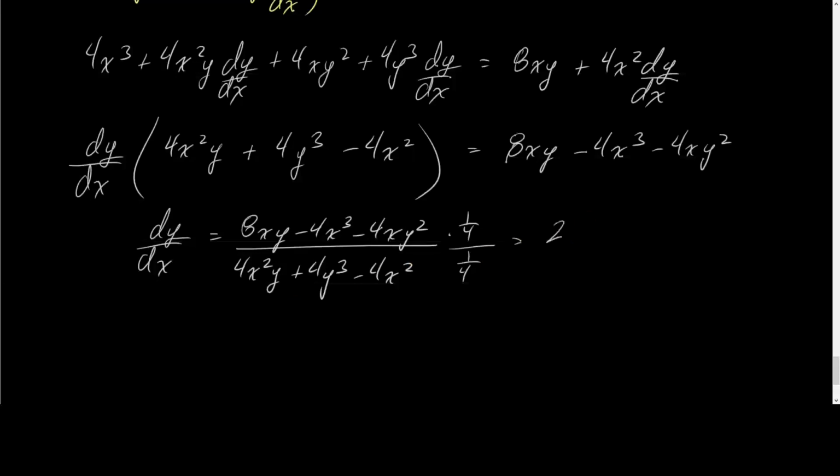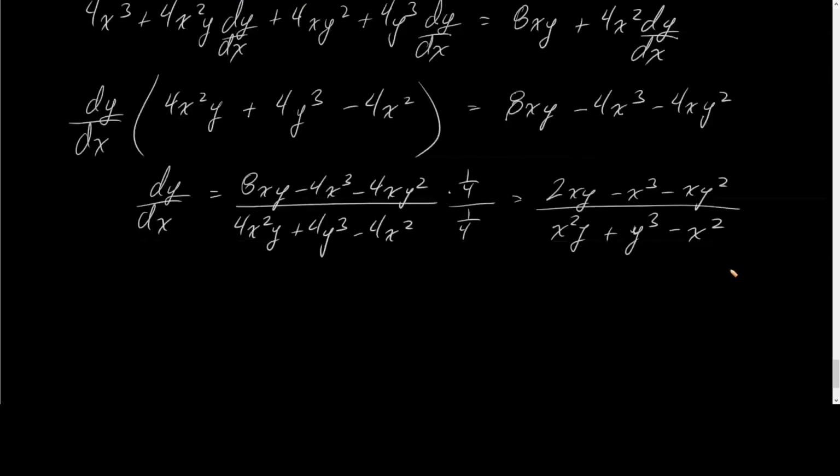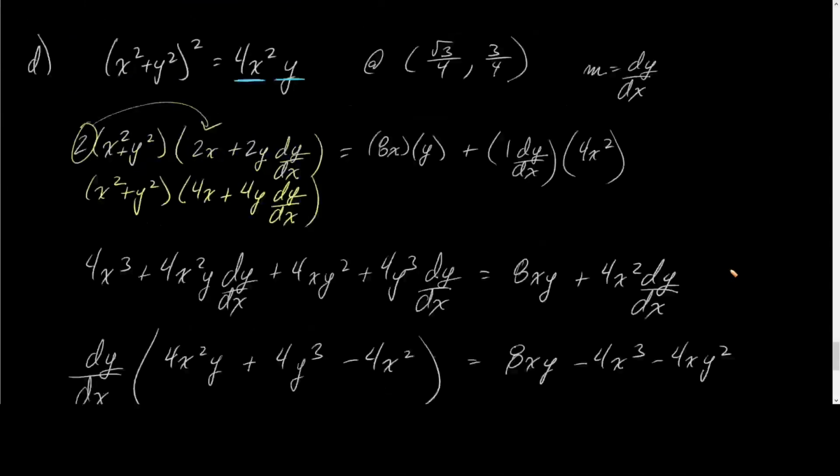That gives me 2xy minus x cubed minus xy squared over x squared y plus y cubed minus x squared. All I did there was multiply everything by 1/4. So now that is just dy dx.